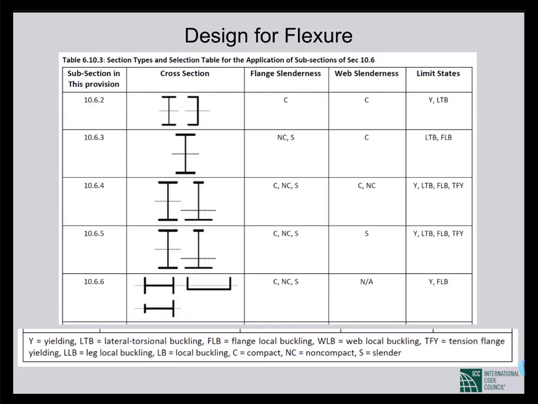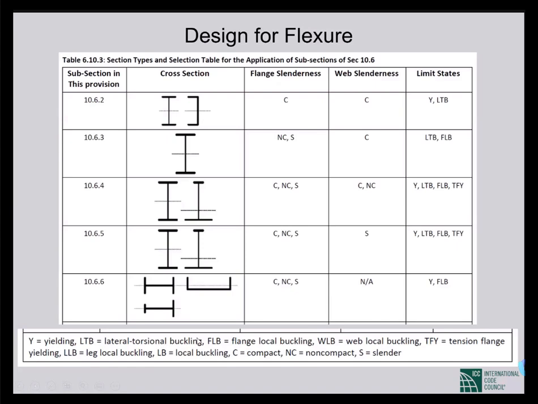That's fantastic, you're getting very high capacity. But when we don't expect yielding, we know that it will buckle for non-compact or slender flange sections. In that case, we can expect lateral torsional buckling or flange local buckling.